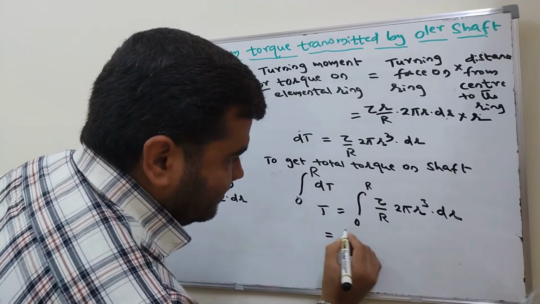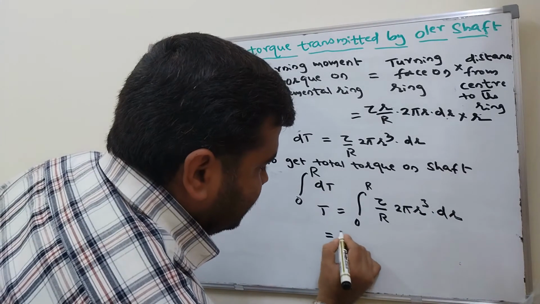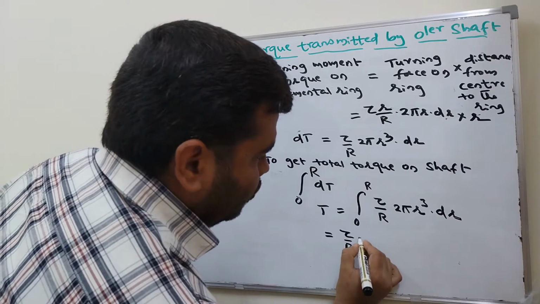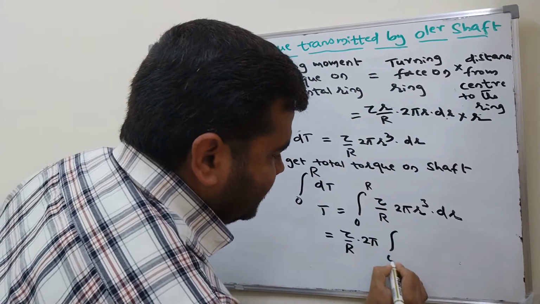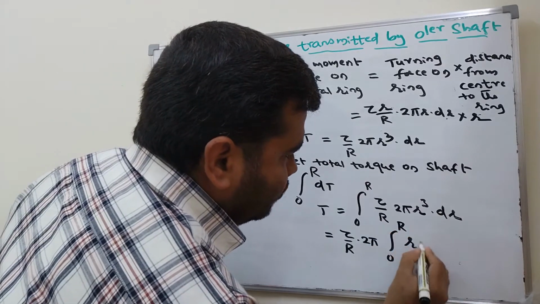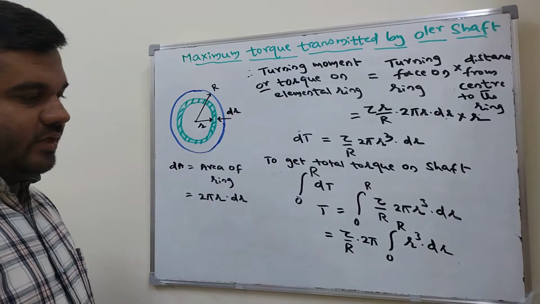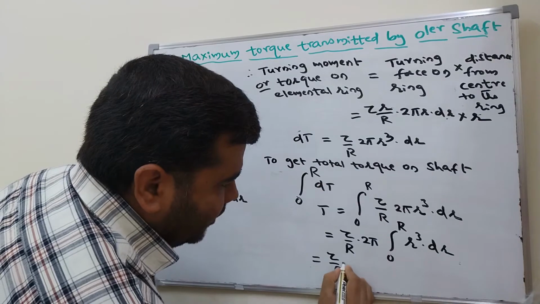I will separate the constant parts, that is tau by R into 2 pi, and take them outside, with the integration from 0 to R of r cube into dr. So this will be equal to tau by R into 2 pi.